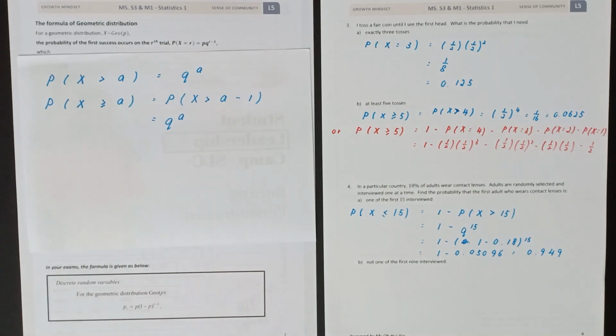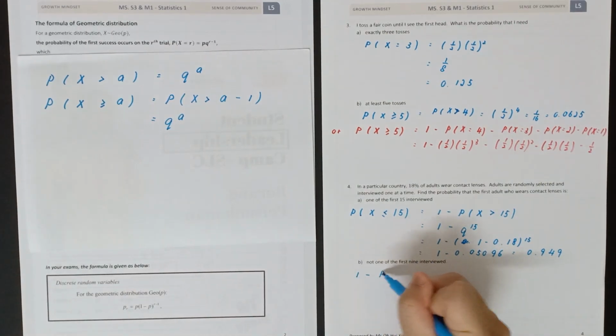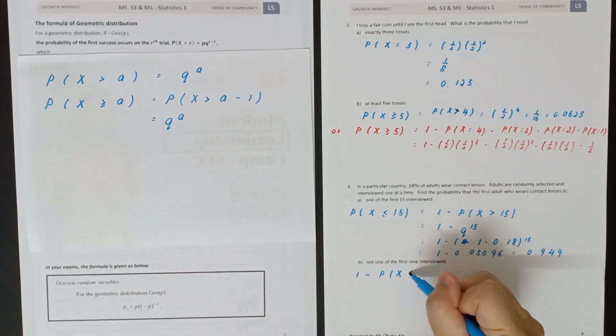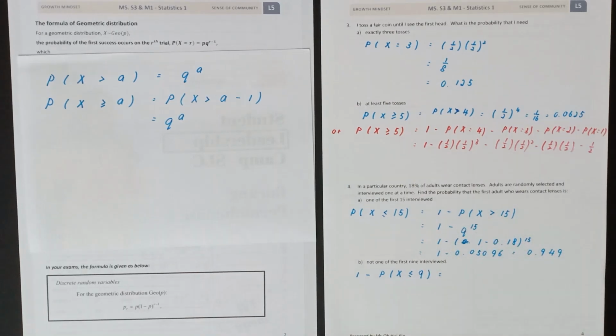So what does that mean? Not one of the first 9. Because it says not, we use the minus. What happened is that it's not among the first 9 that you interview.